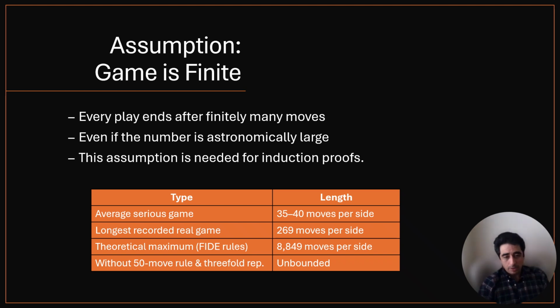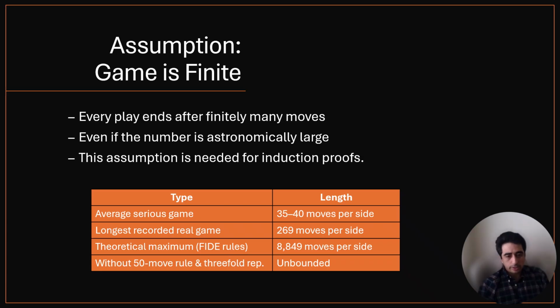But just remember that in this table, I have summarized the length of the game of chess, either the average serious games that happen between players in the real world. The average number of moves is 30 to 40 moves per side. That means you can have up to like 80 moves if you consider the total number of moves for both players. And that's a typical length for a game of chess.